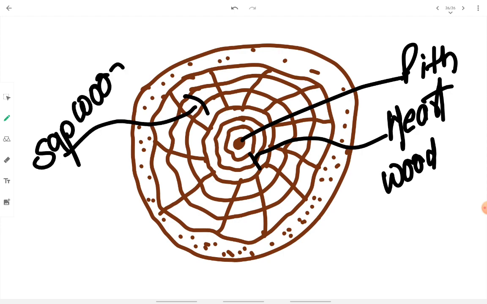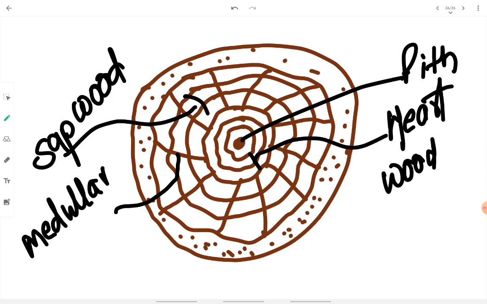These are kind of soft as compared to hardwood. Then this line we just drew is the medullary rays. Then this specific layer is a layer of sap which has accumulated over there but has not been converted into wood.